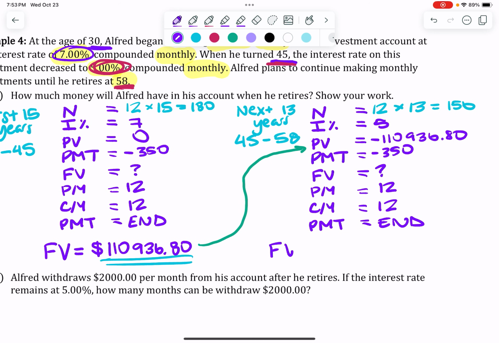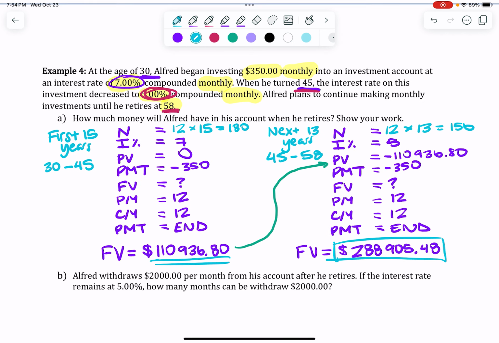My future value at the end of the day, when he's age 58 and retiring, is $288,905.48. This is my final answer.